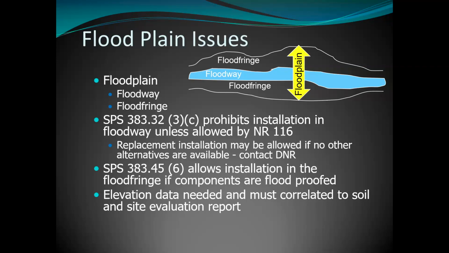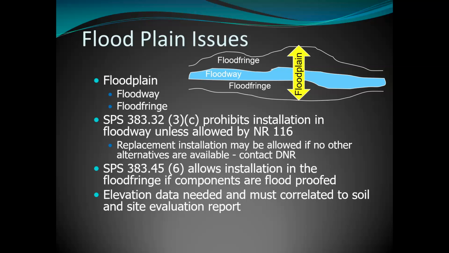But our code, which ties in with the DNR code, says you cannot install in a floodway, and it prohibits installation there. There could be a replacement installation if no other alternatives are available, and typically that would just be a holding tank. We do allow installation in the flood fringe if the components are flood proofed.